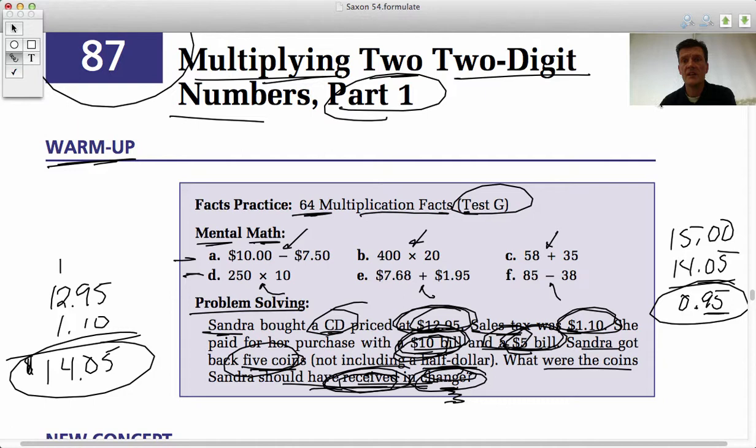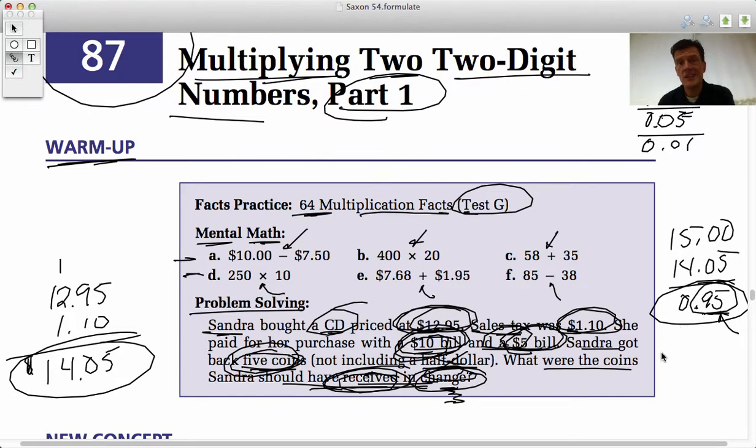You've got a dime, and you've got your nickel. So quarter is 25, dime is 10 cents, nickel is 5 cents. It says you're not counting a half-dollar, so you're not using the 50-cent piece. Oh, and we have the penny, of course. I don't think that's going to be needed because you'll notice it's 95 cents, ends in a 5. Okay? So we need 5 coins that are going to add up to 95 cents.